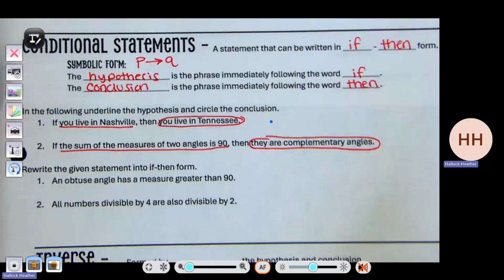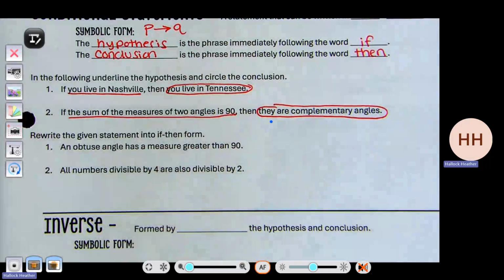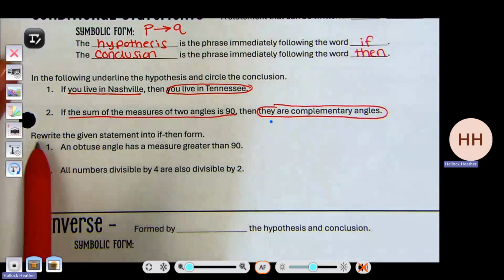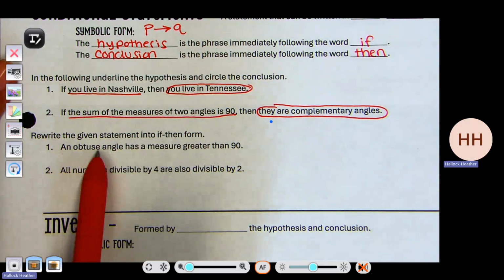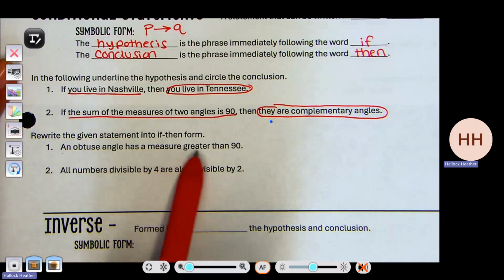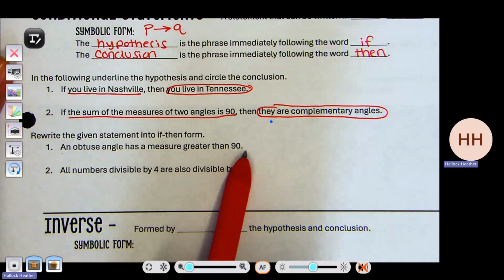Okay, so now I'm going to give you a statement and it's not in a conditional format, meaning it's not using if and then. We have to rewrite it using if and then. So if I say an obtuse angle has a measure greater than 90 degrees, I have to use if, comma, then format.